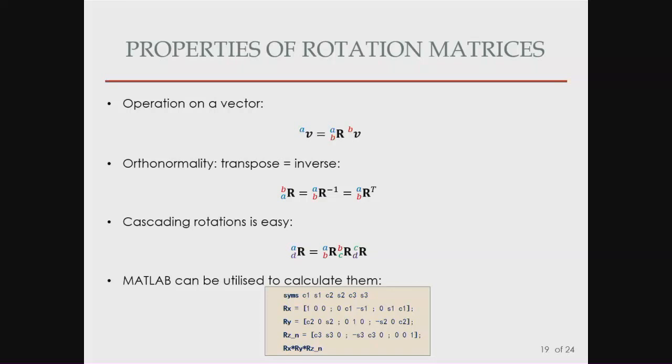A vector represented in frame B, pre-multiplied by the rotation matrix from B to A, would result in the same vector but represented in frame A, with its components written in frame A. So here you would plug in the components of the vector V in frame B, and you will get the components of the vector V in frame A. This will be super, super useful.